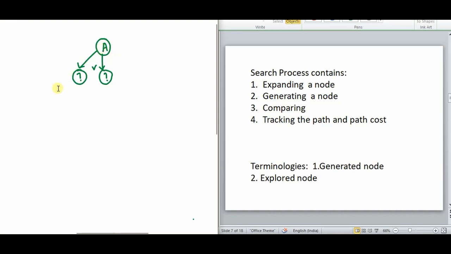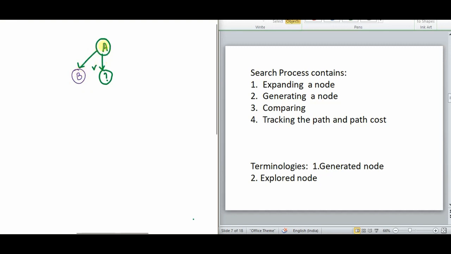Node A is expanded. Now generating a node. When node A is expanded, you find that there is another node here, a child node, and let's label that node B. So in the process of expanding node A, we have generated the first child B. Generate means identifying what that node is.